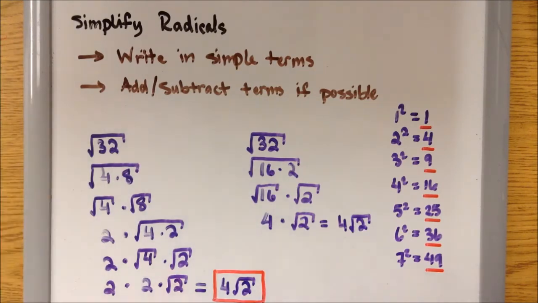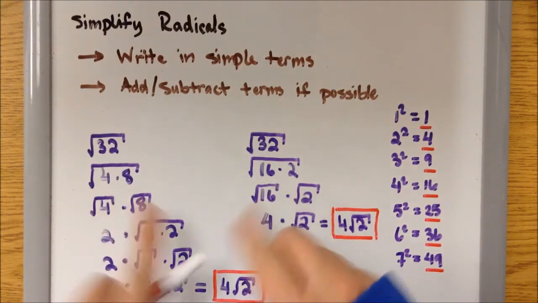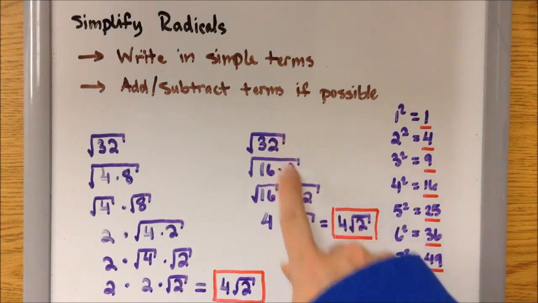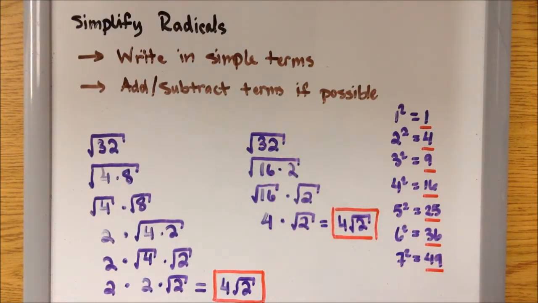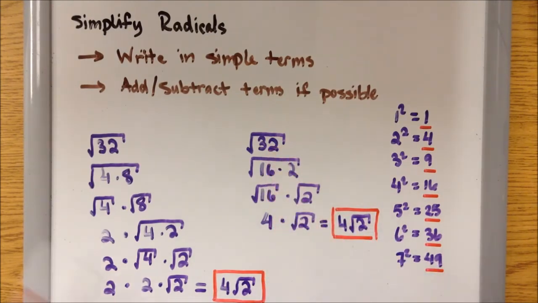So that's our answer. As you can see, they're both the same, even though we use different factors. But in this sense, it seems a lot better if we just use the easier method with fewer steps.